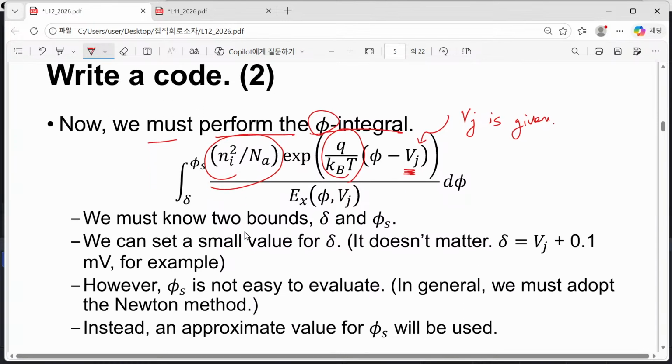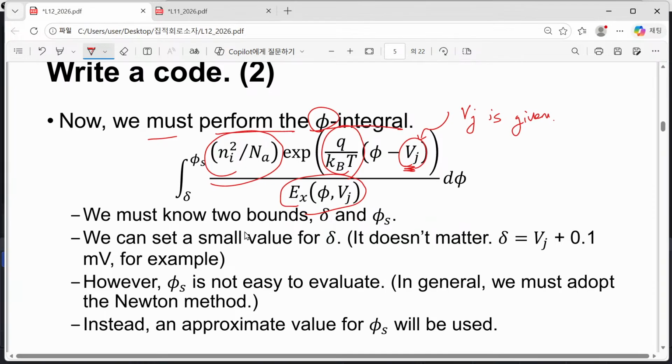If this is given, then the electric field itself can also be calculated by our expression. Then the only remaining thing is the upper bound of our integral, and this is just phi sub s.